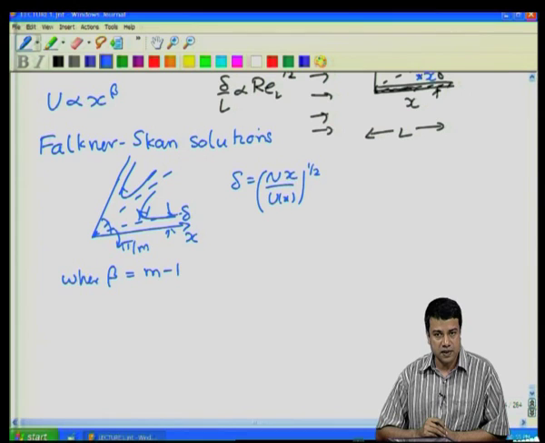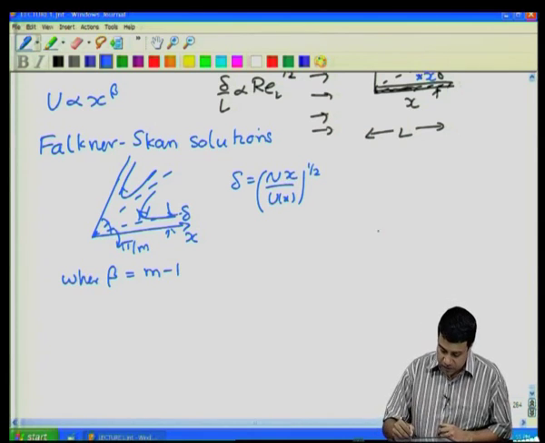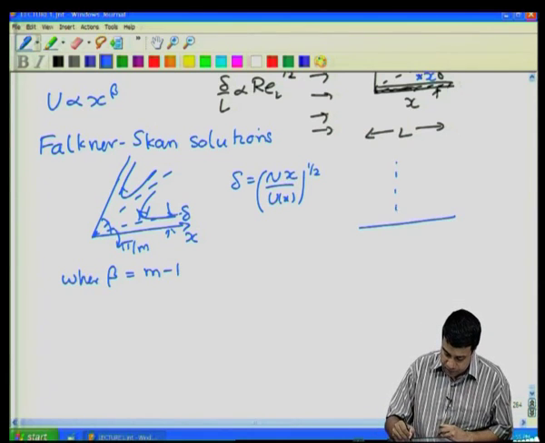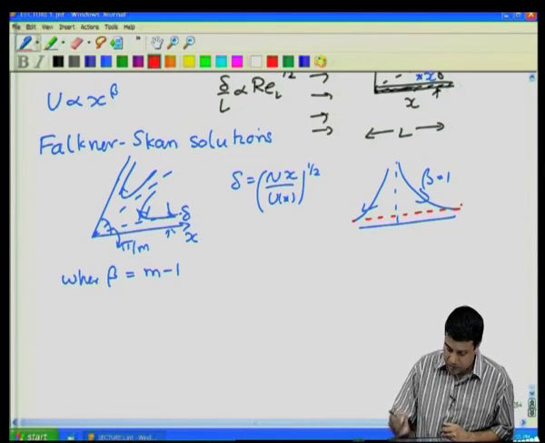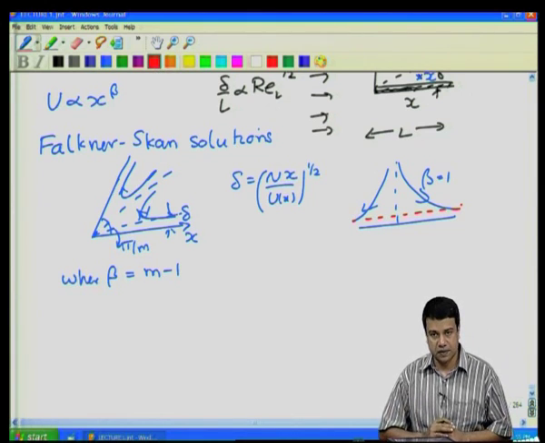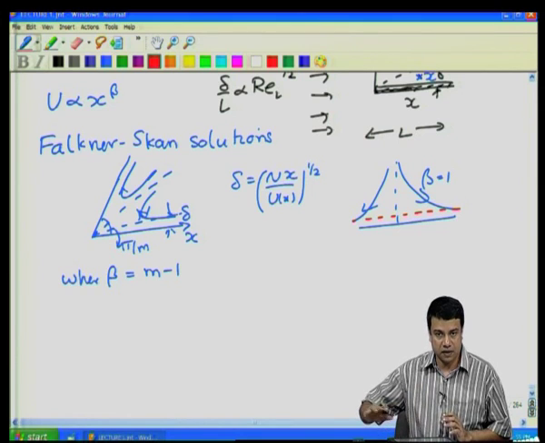So, what we found was that if beta is equal to 1, which corresponded to a stagnation point flow, we found that the boundary layer thickness was a constant. It was independent of x. That is because the flow is being accelerated downwards.